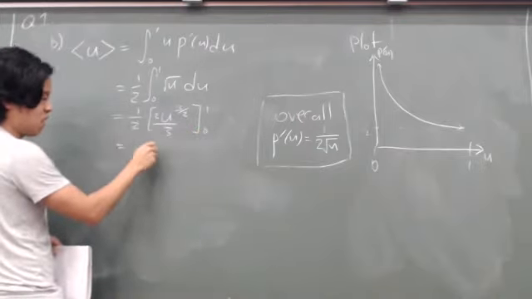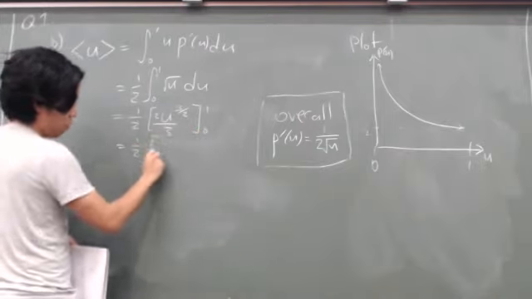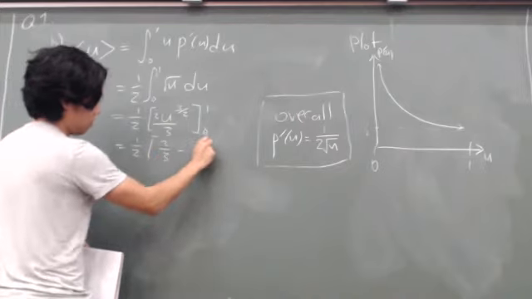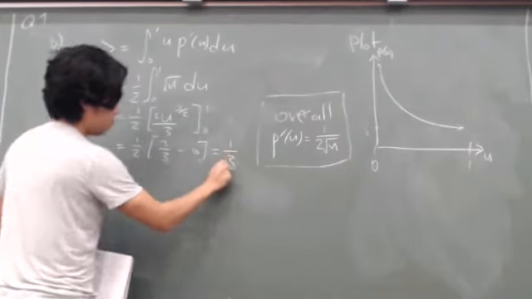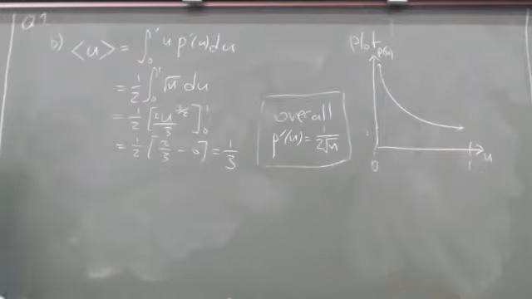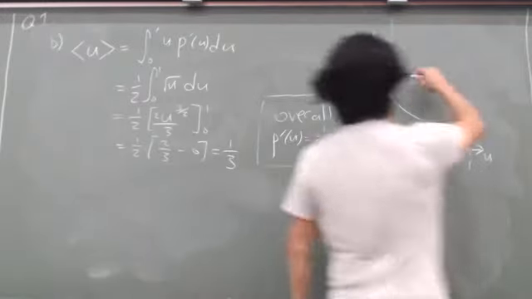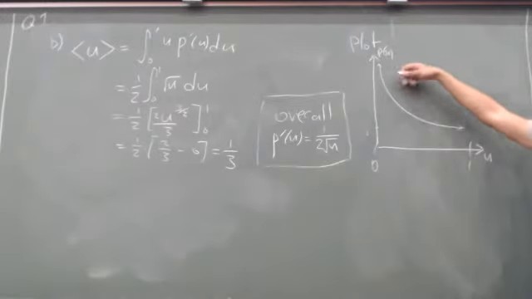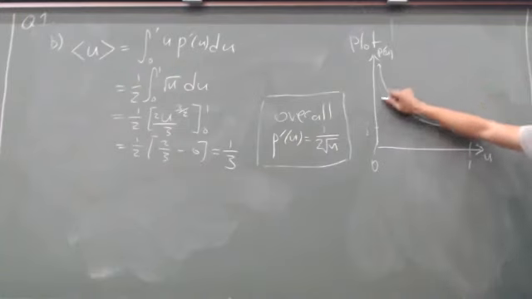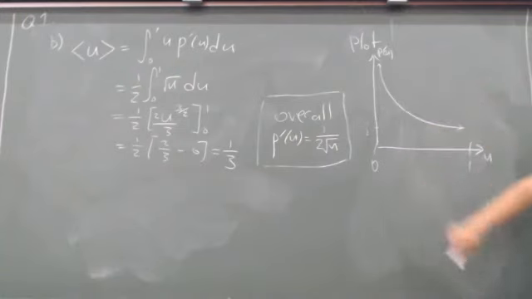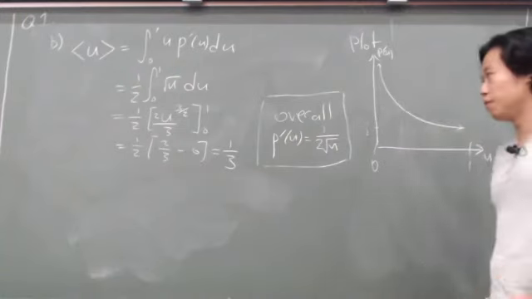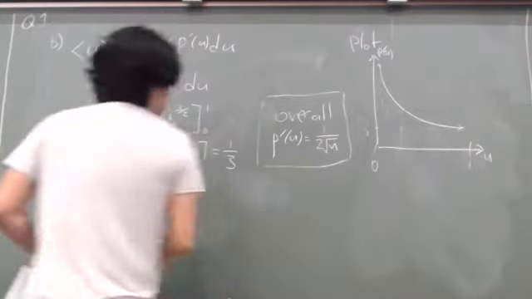So that's 1/2 of 2/3 minus 0, which equals 1/3. A mean of 1/3 makes sense because it's heavily skewed towards the 0 side, so most of the weight will be over here. Your average wouldn't be near the middle as you would with a uniform distribution.